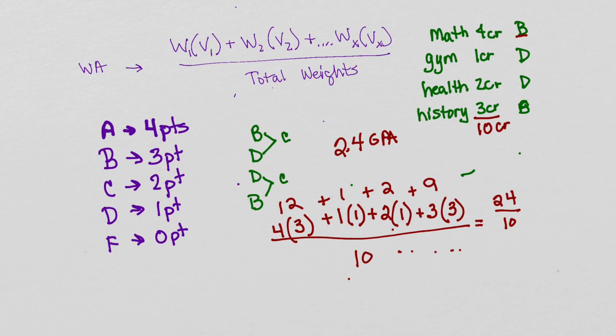So that GPA is in between a B and a C, whereas if we didn't take the weights into consideration, we would be looking at a 2.0. So that's how a GPA is figured out with a weighted average.